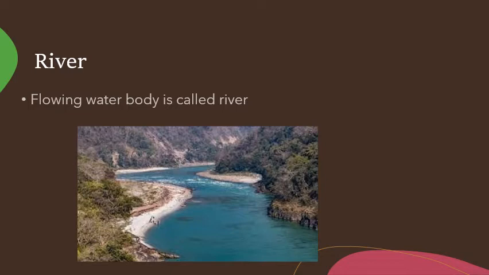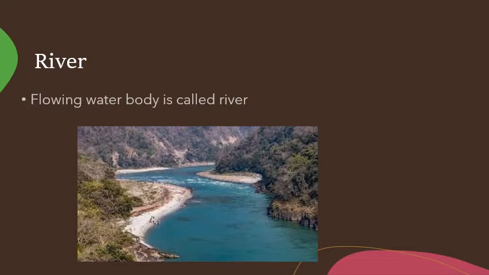What are rivers? Rivers are flowing water bodies. They start in the mountain regions and flow till the oceans. That is why they are called flowing water bodies. They always keep flowing until they reach the oceans.